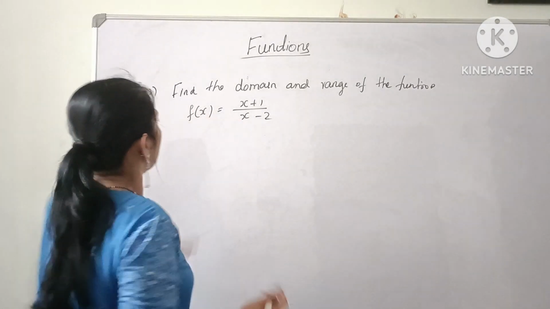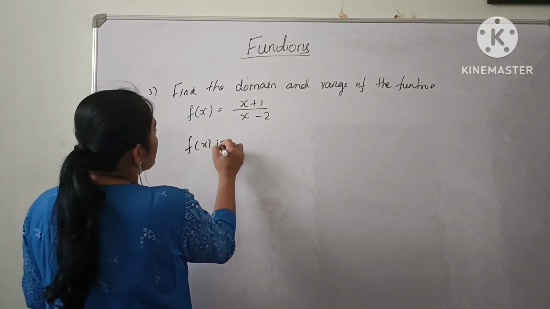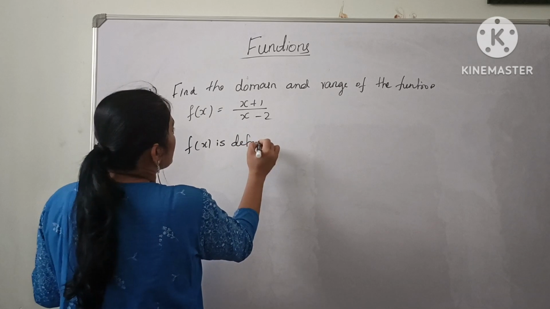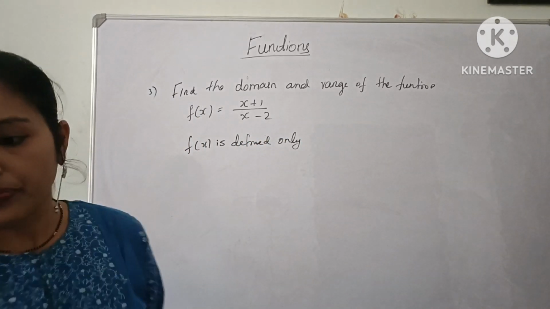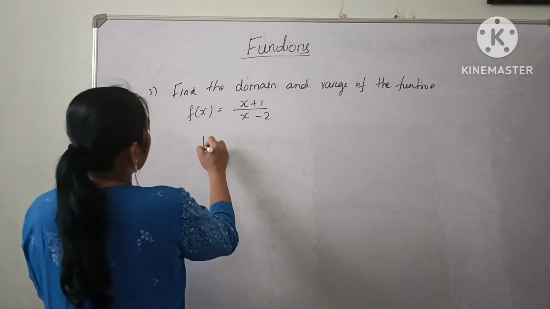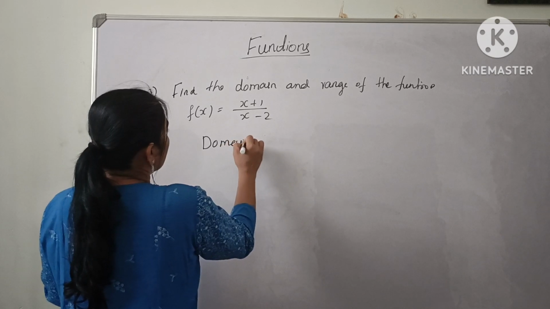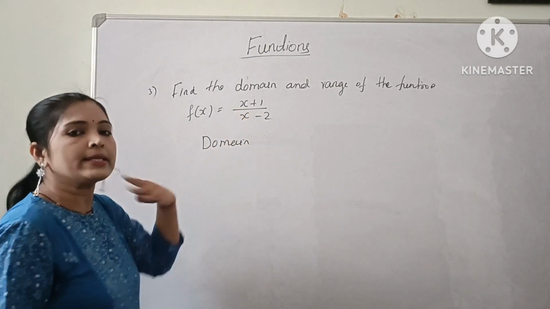So directly we can write the domain. Domain is nothing but minus infinity to infinity except 2. That is real numbers.